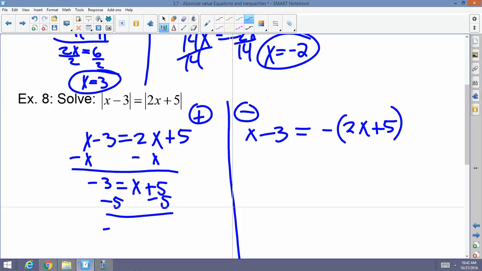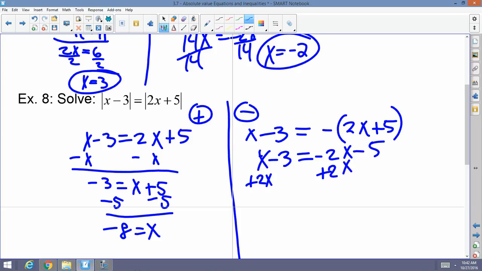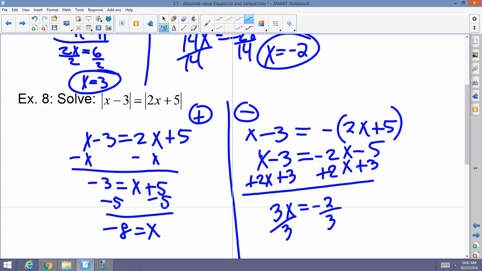And negative 8 equals x. And over here, x minus 3 equals negative 2x minus 5. Add the 2x. Add the 3. So I've got 3x equals negative 2. Divided by 3, x equals negative 2/3.